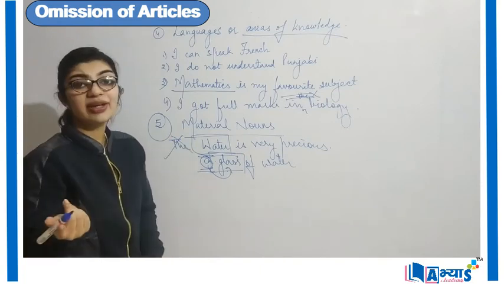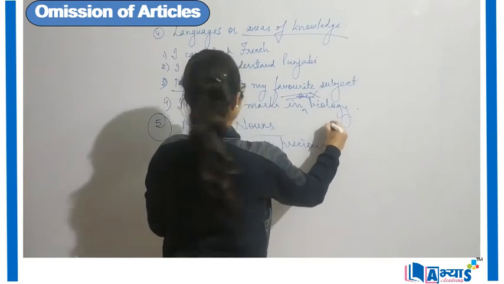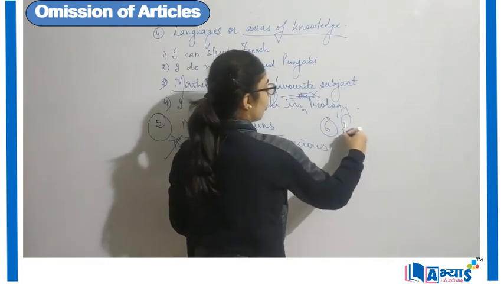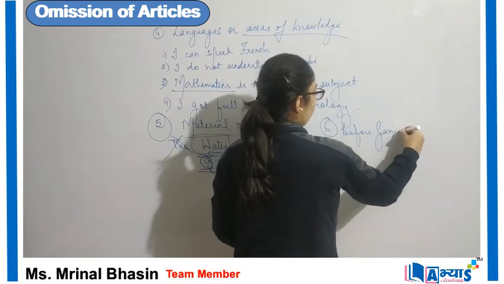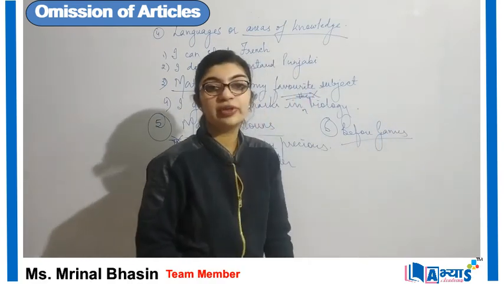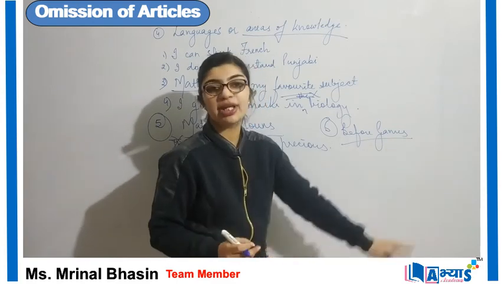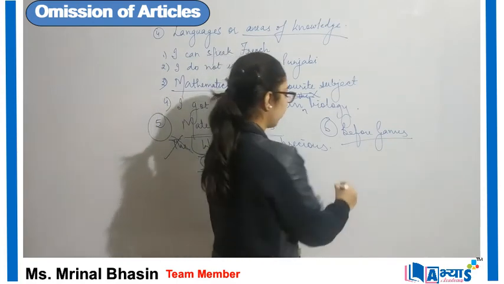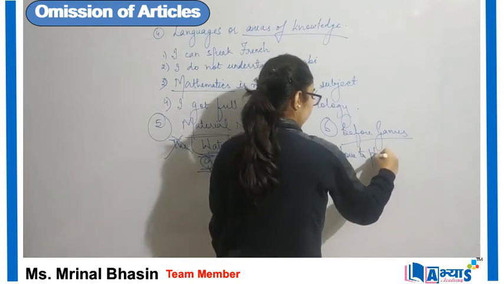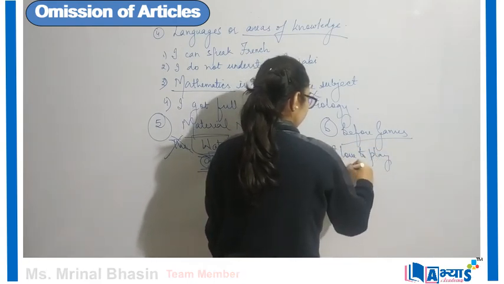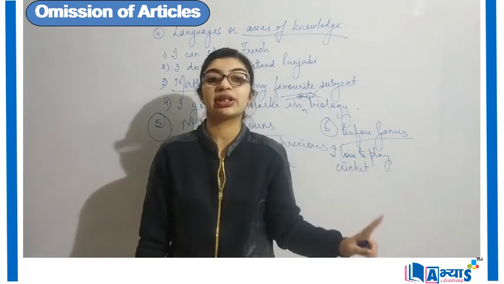Then another area where the is not used is, this is the sixth point, before games. Whenever we are talking about any kind of game, right, we are mentioning any game, we will never use the article the. For example, I love to play cricket. When I say I love to play cricket, I will not say the cricket.